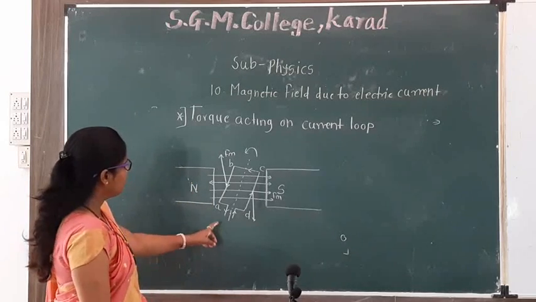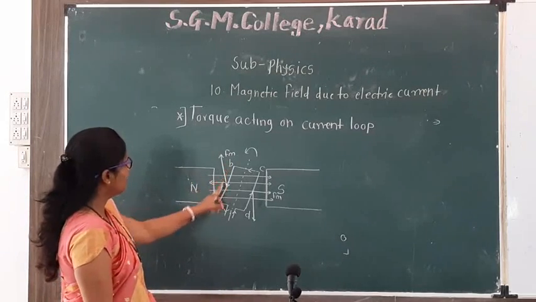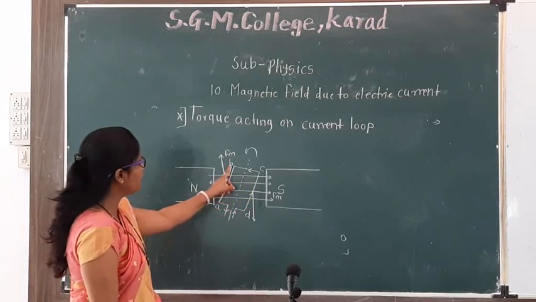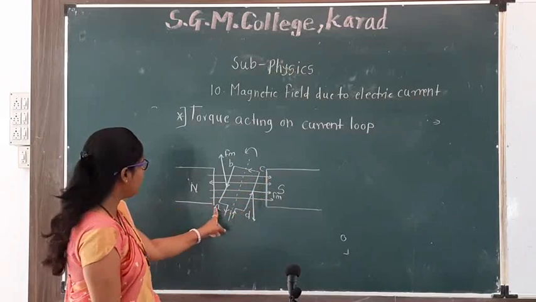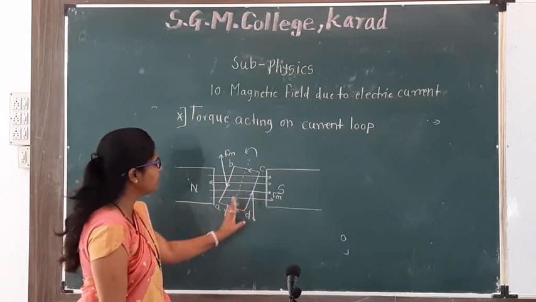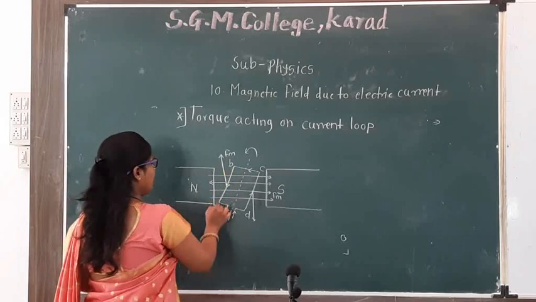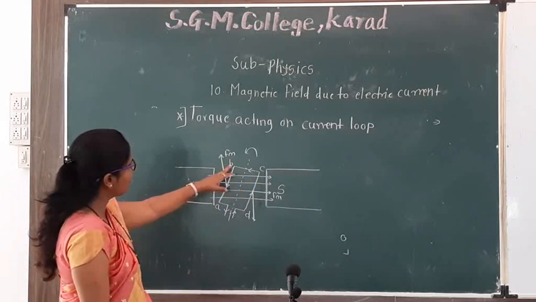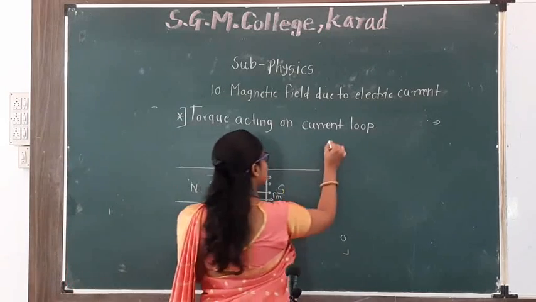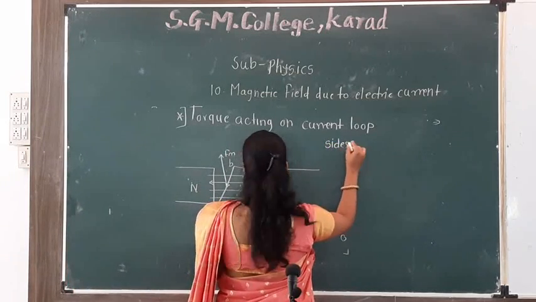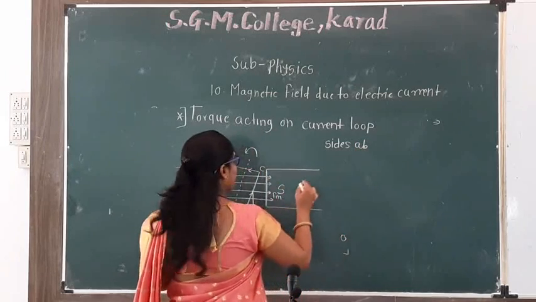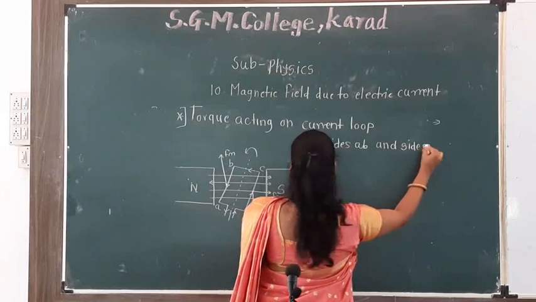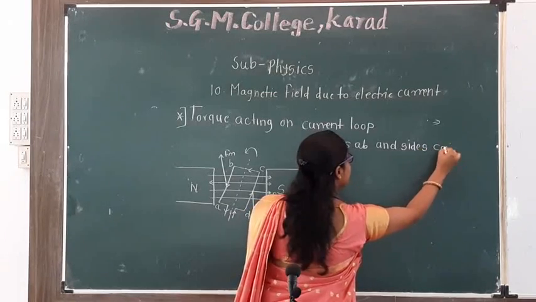This current loop has a rectangular shape. The name of this loop is ABCD. These are the sides of the rectangular loop: side AB and side CD.